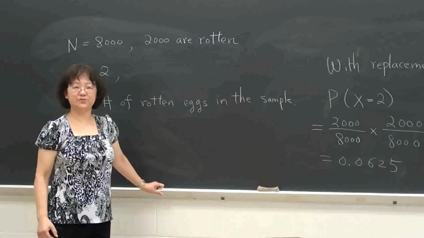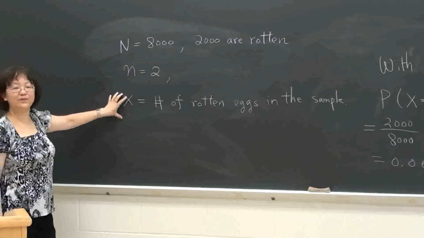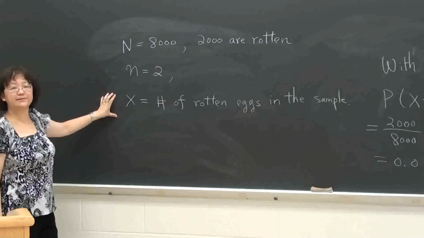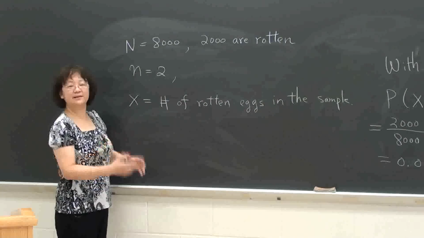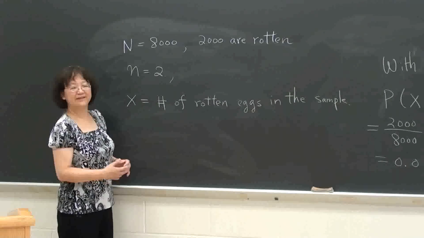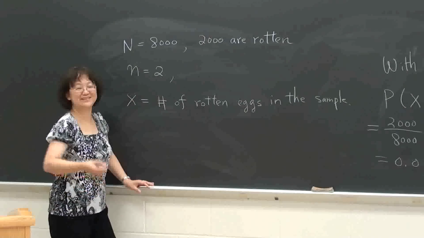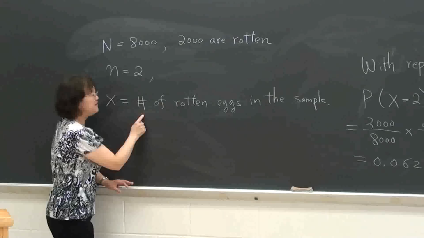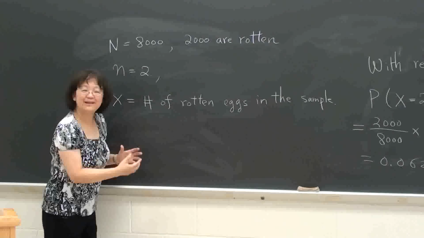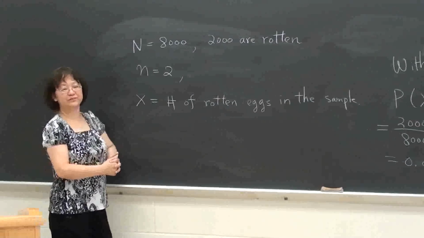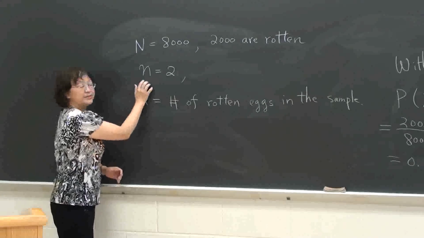What has the binomial distribution? This X has a binomial distribution. What is X? X is the number of successful events. What is successful in our example? Turns out a rotten egg is the successful event. So the total number of rotten eggs you get out of two trials, that X, has a binomial distribution. And we know that this distribution depends on small n.